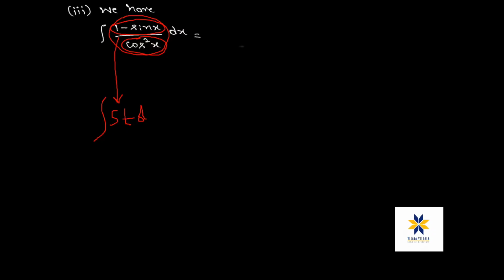So what is the first step we can do here? We can separate this denominator cos square x for both 1 as well as sin x. Let us separate the denominator now.